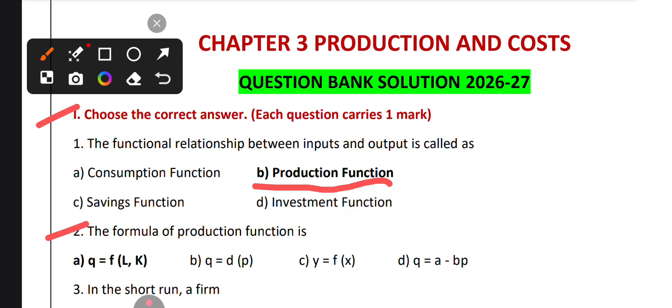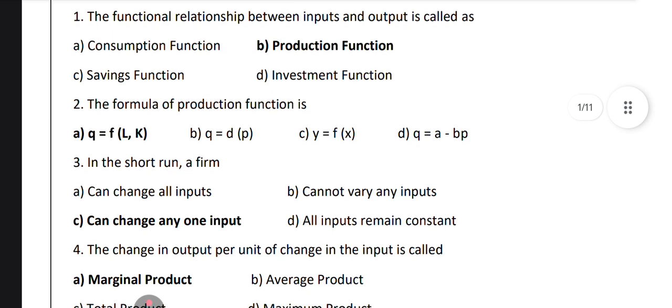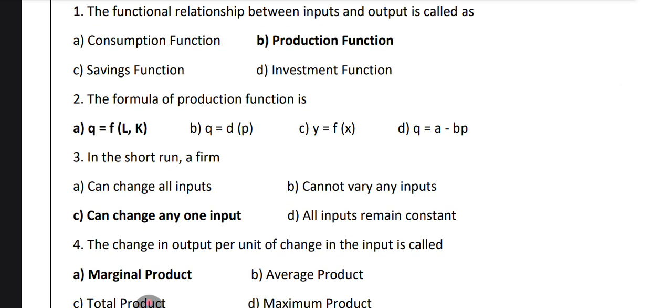Second question, the formula of production function is Q equals f(L, K). Q is the quantity of output, f is a function, L is labor, K is capital.